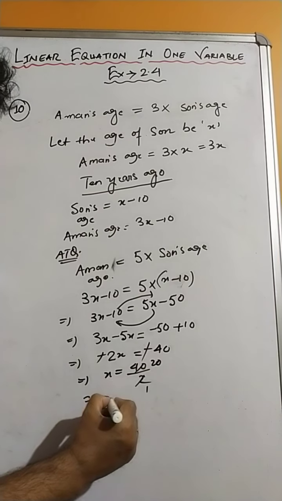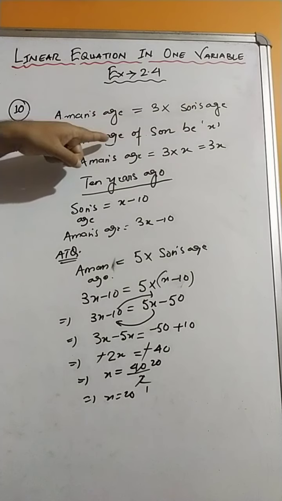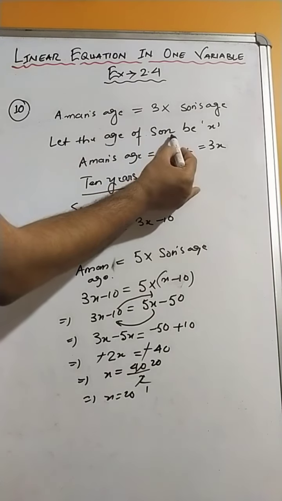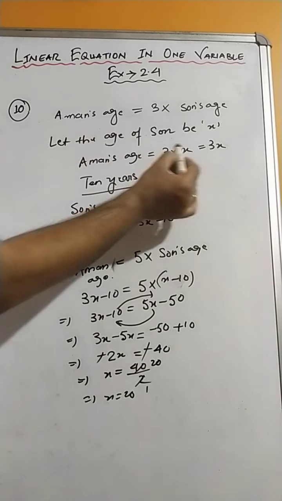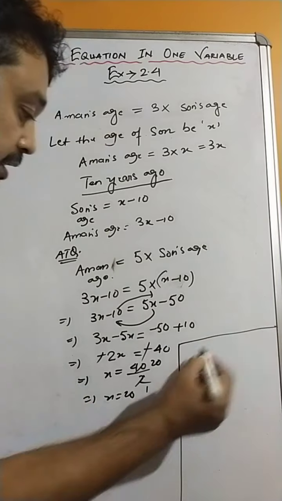So the value of x is what? 20. Now what is x? X is the age of the son. So what is the final question that they are asking? Find their present age. That means we have to find the age of his son also and Aman's age also. Okay, so what is the answer then, students? It's very, very easy.